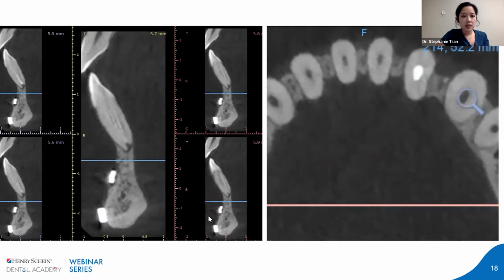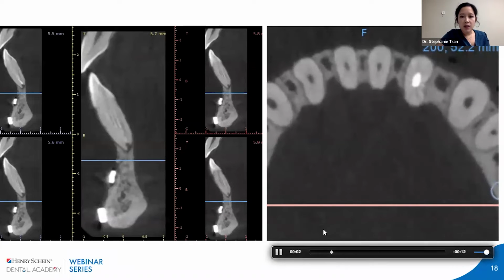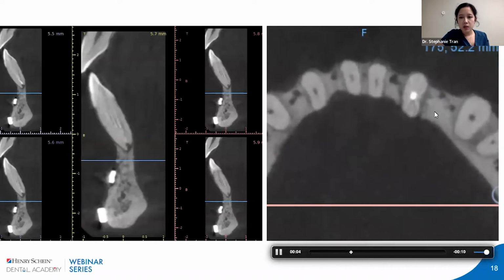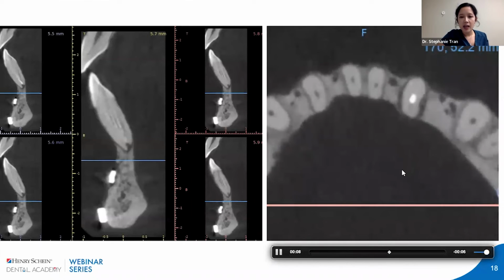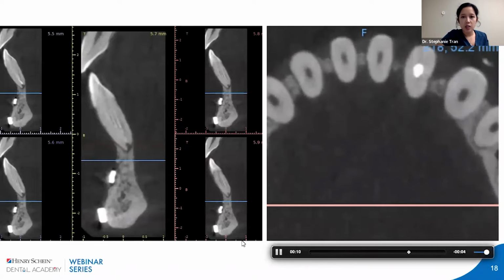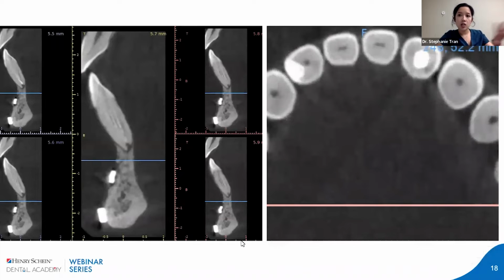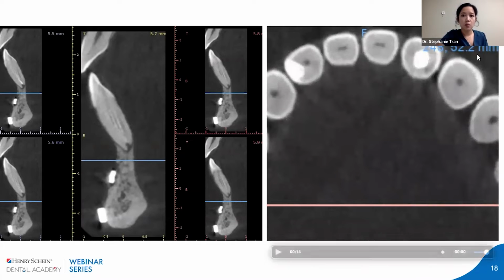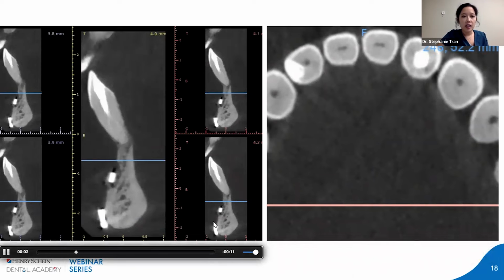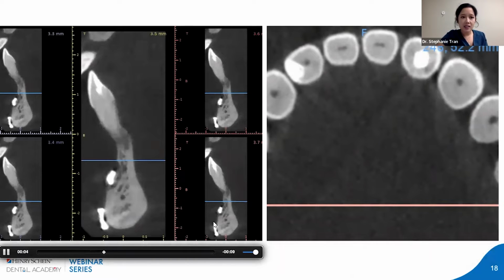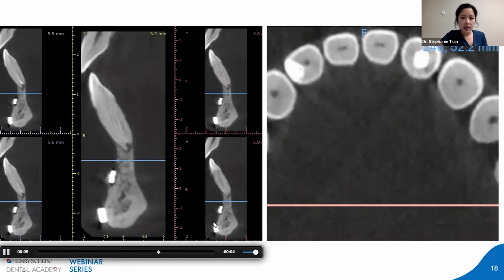For example, we can see here, when I'm evaluating it, this was a small field of view. I was looking at the tooth with the existing root canal filling material, and I had everything centered on that tooth. You may see that the other teeth become uncentered. That's normal. We want it centered specifically on the tooth in question. Additionally, we want to look at all axes and all the slices for each axis within that tooth.